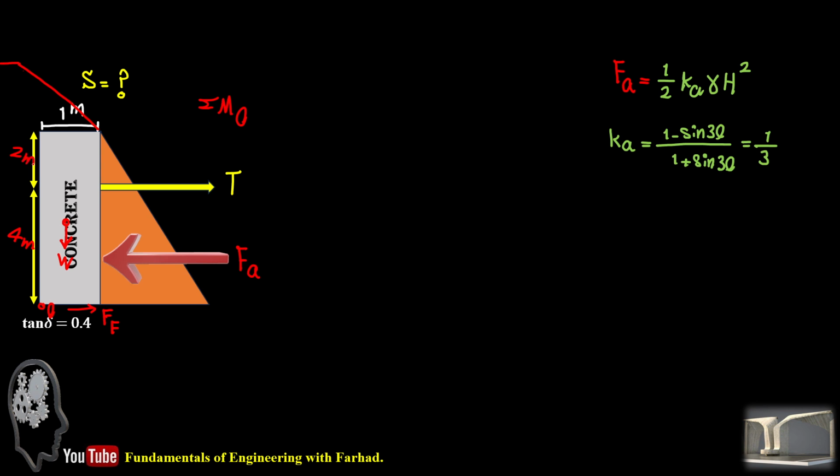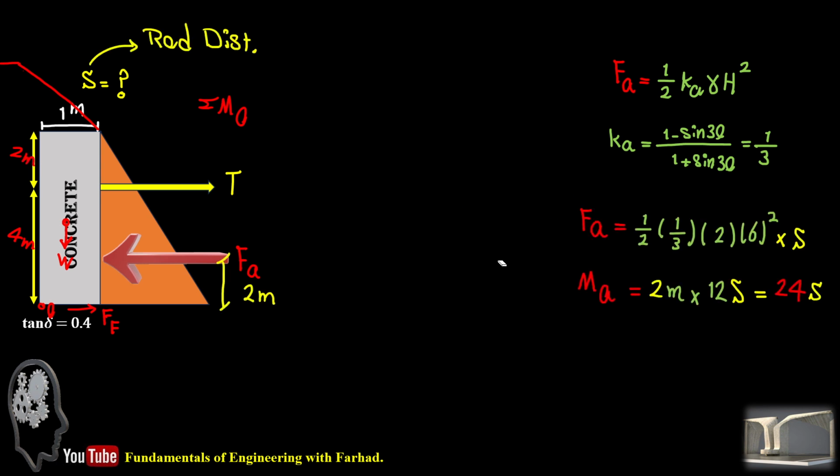This is 4 because this is again the last problem. This is 2 meters. And FA, we already calculated FA. We multiply it by 1/3 of the base of this triangle, which gives us 2 meters height of this triangle, and that's 2 meters times FA.